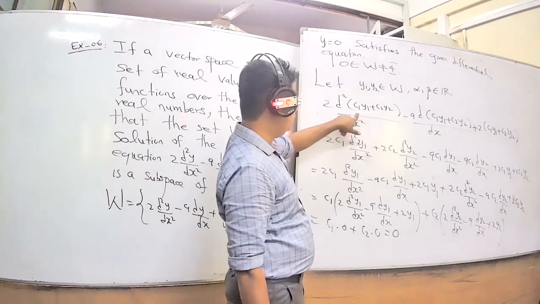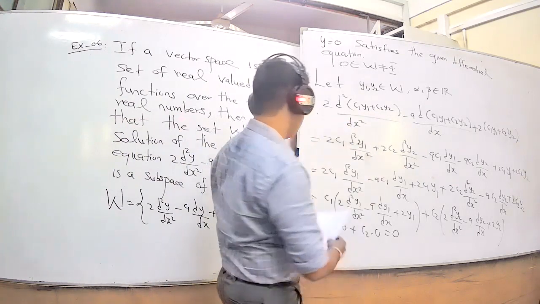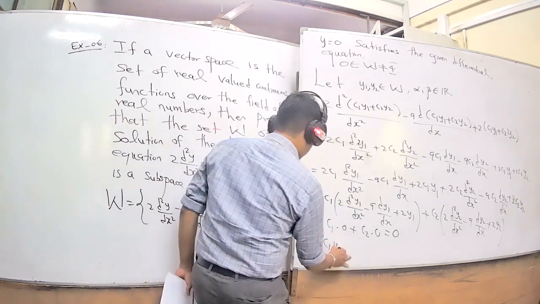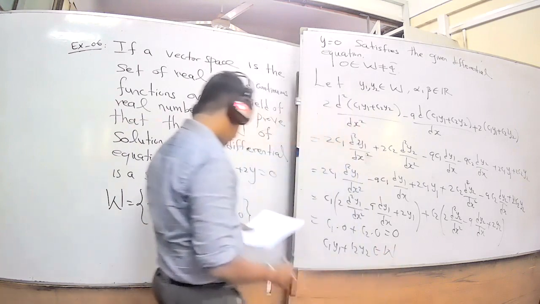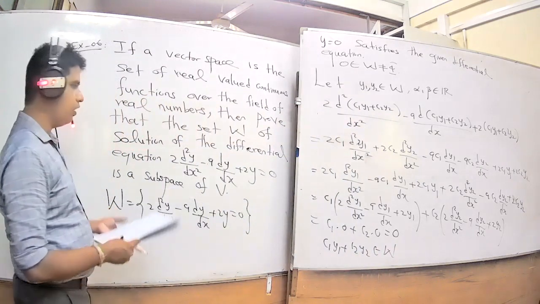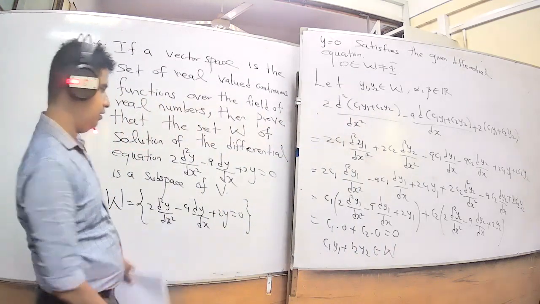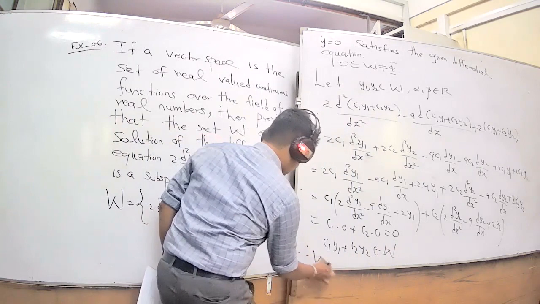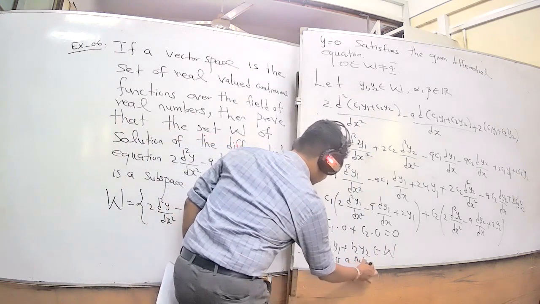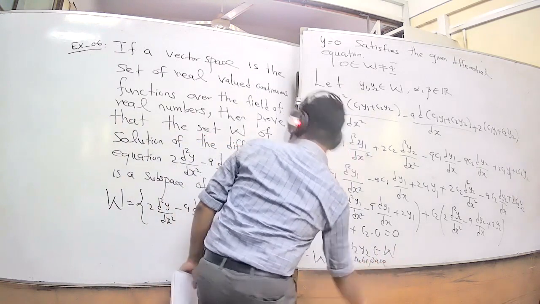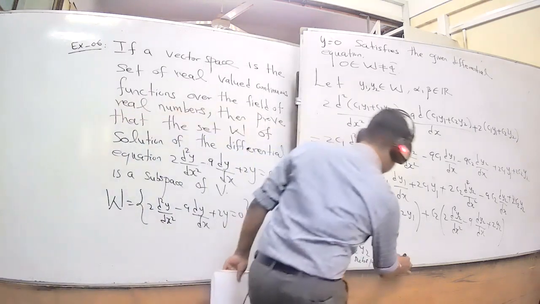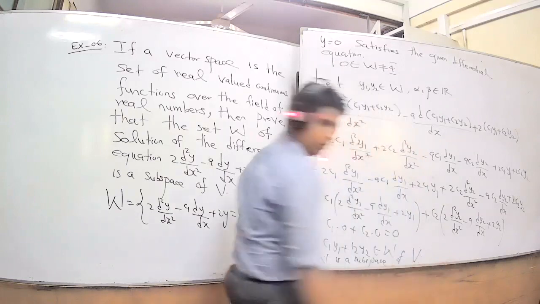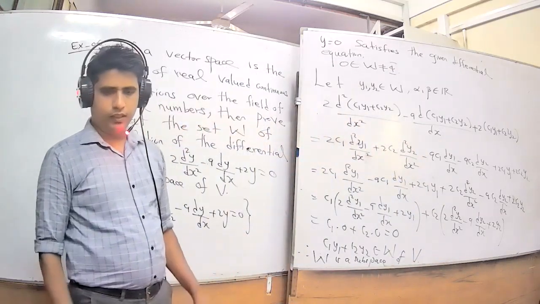That means C1 y1 plus C2 y2 belongs to W. Therefore, W is a subspace. Okay, W is a subspace of V.